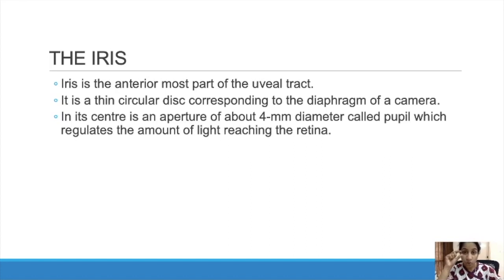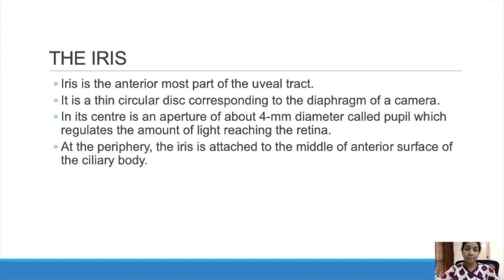In its center you can see a hole of about 4 mm diameter called the pupil, which regulates the amount of light reaching the retina. So in the middle of this circular disc, you can see a 4 mm hole that is known as the pupil, which controls the amount of light falling on the retina.